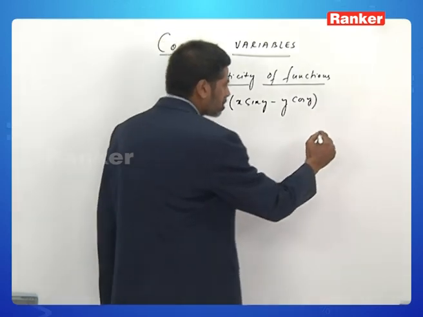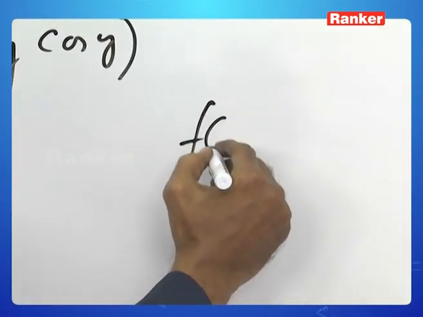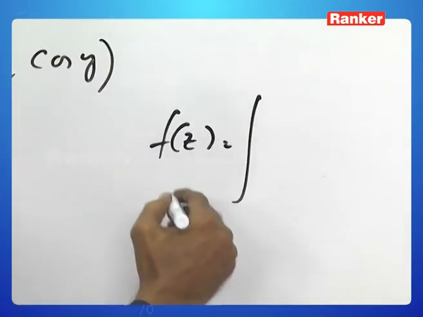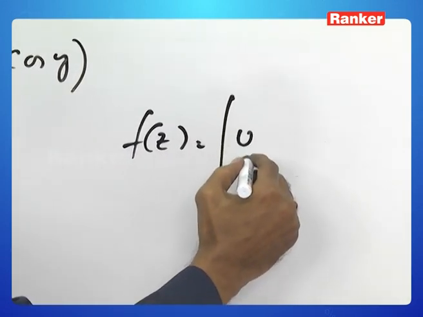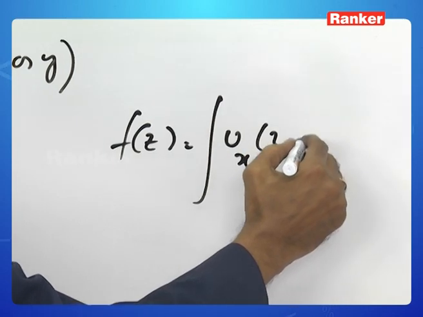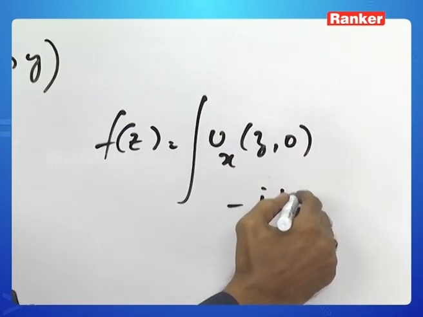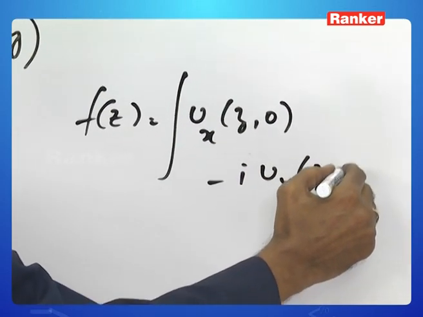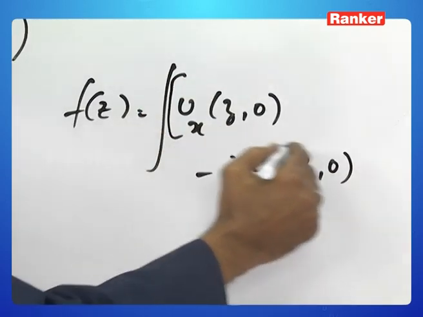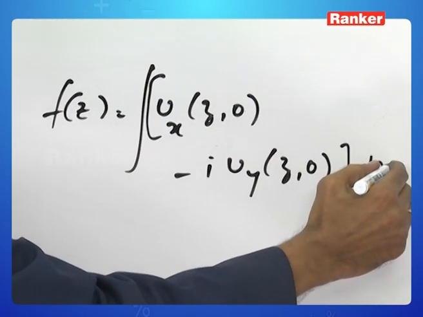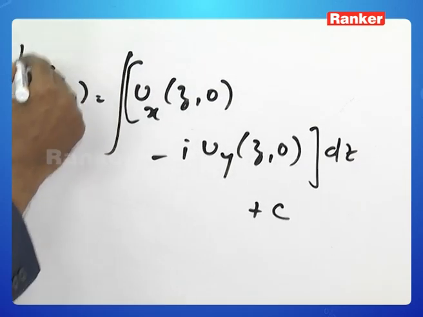So for your reference, f of z is given by integral of ux at z comma 0 minus i uy at z comma 0 dz plus constant.